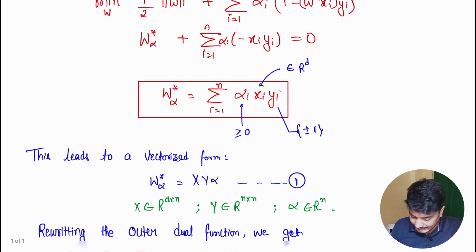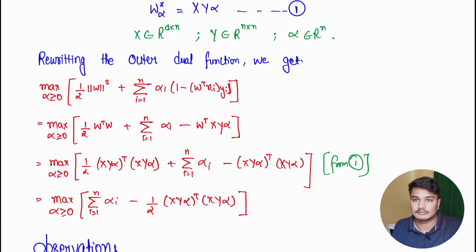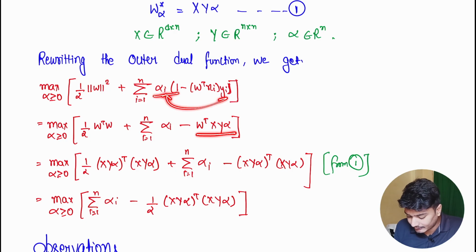Now let's rewrite it. So rewriting it, maximize over alpha greater than or equal to 0 of this function, that is the dual problem, right? We get maximize over alpha greater than or equal to 0. This we can write as this, and this we can write as this, basically multiplying alpha inside.